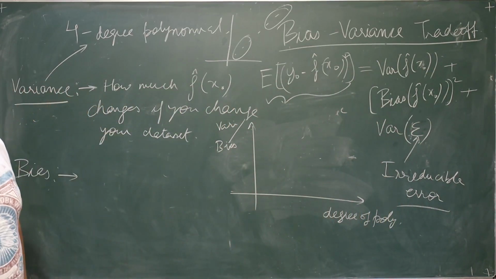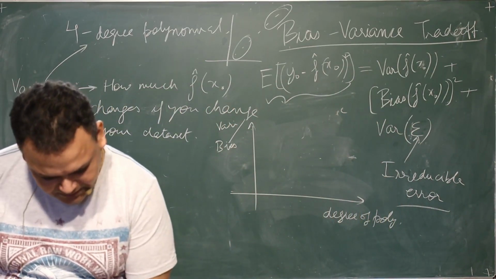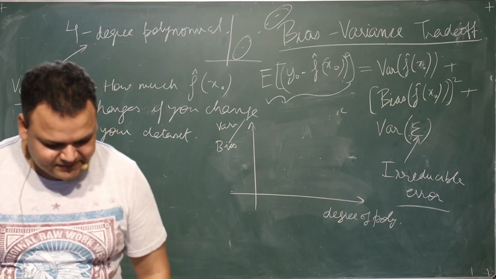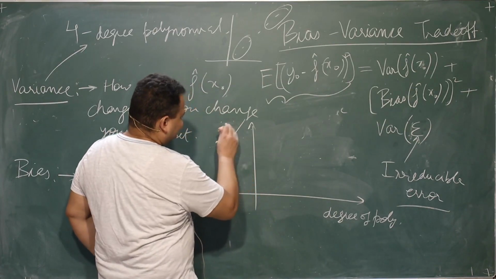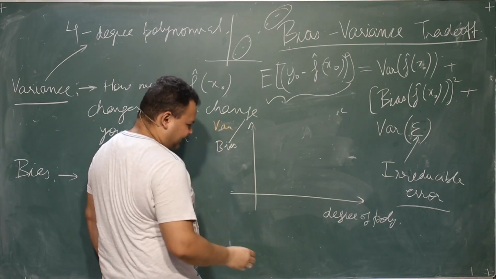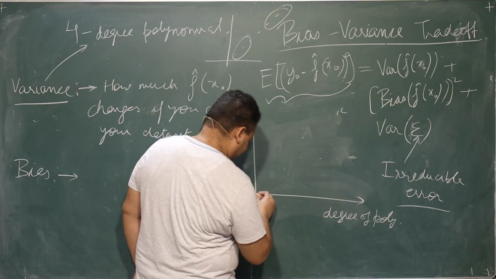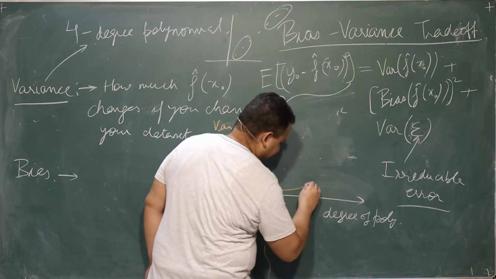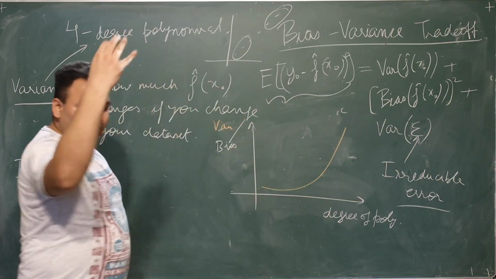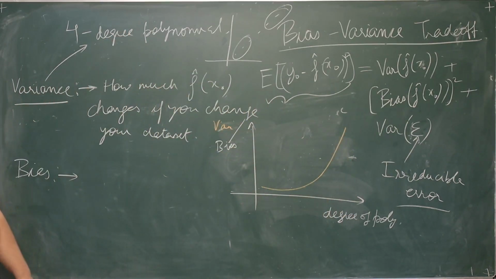It increases. So I'm going to draw it in orange. As you increase your degree of polynomial, your variance is going to increase, and it will keep on increasing. There is nothing that is going to stop your variance.